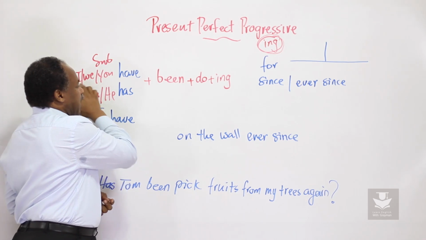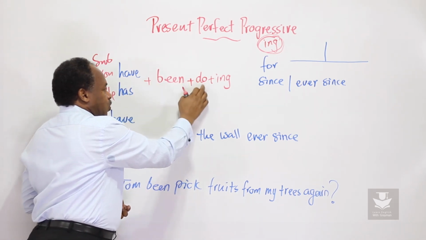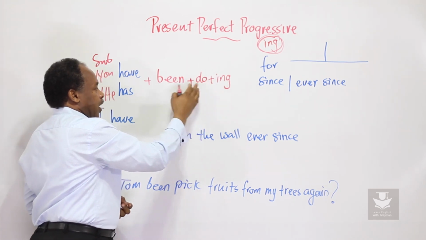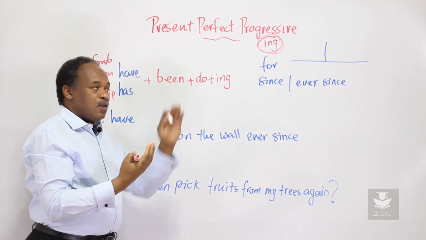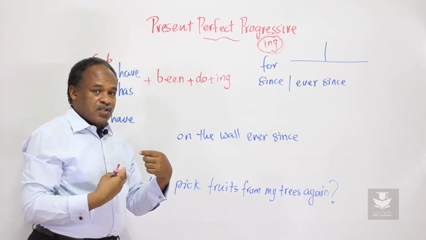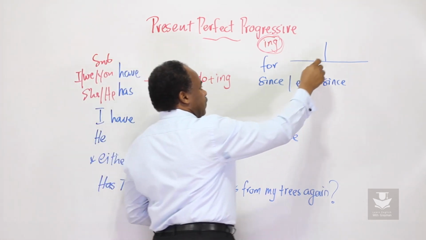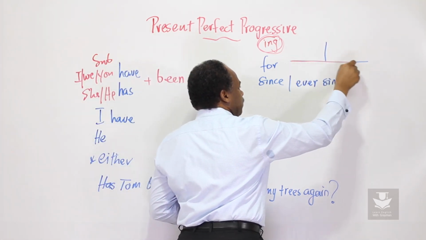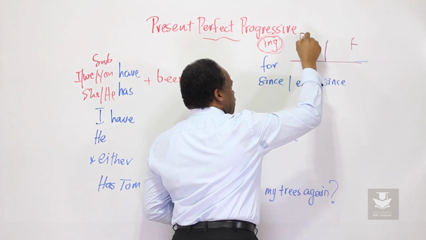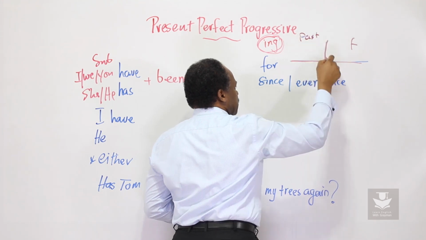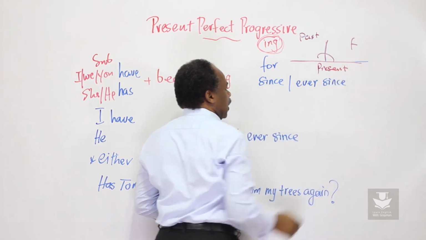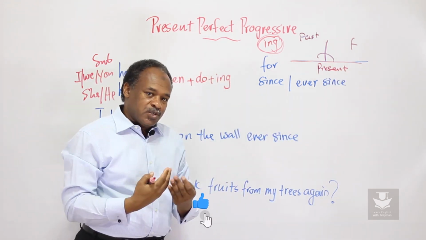So we say, for instance, I have been doing, or working, or teaching. What does it express? The present perfect progressive tense expresses an event that started to happen. If we look at this timeline, this is the future, this is the past, and this is the present. Where does it start?